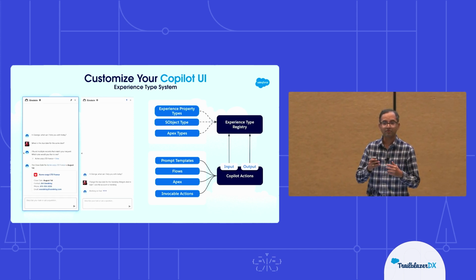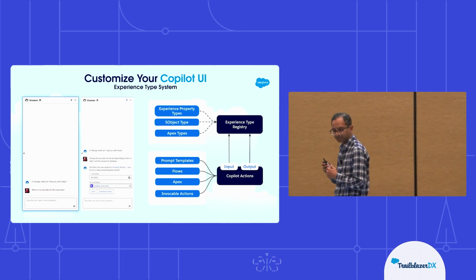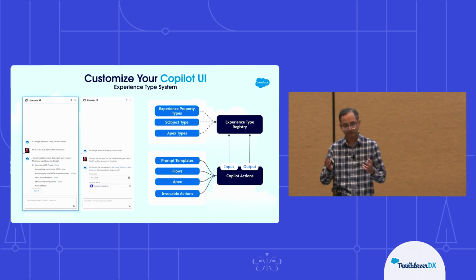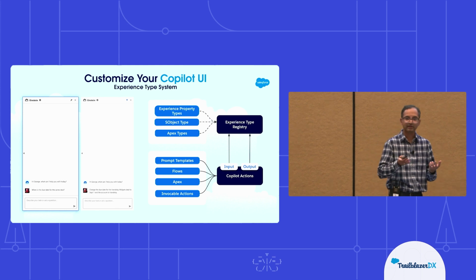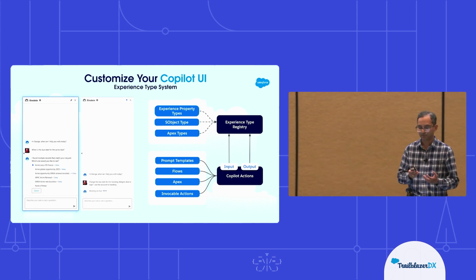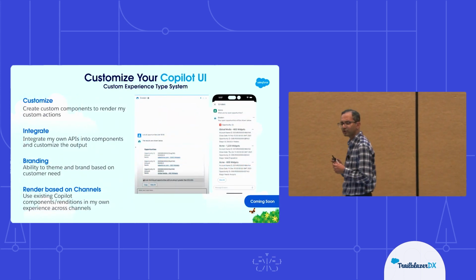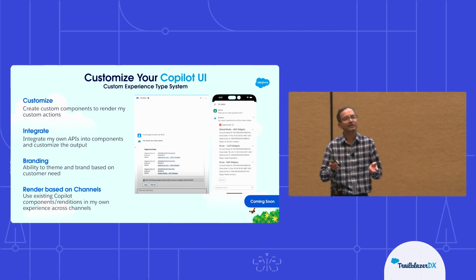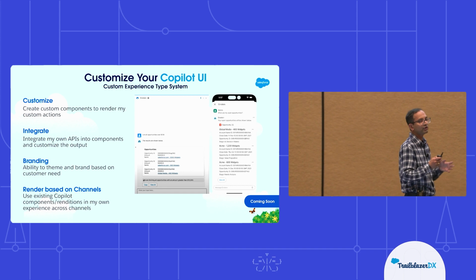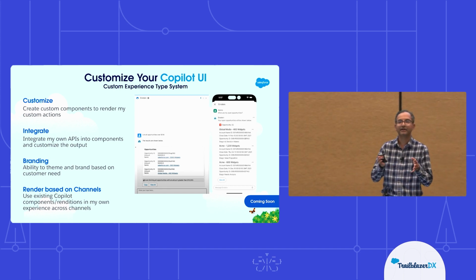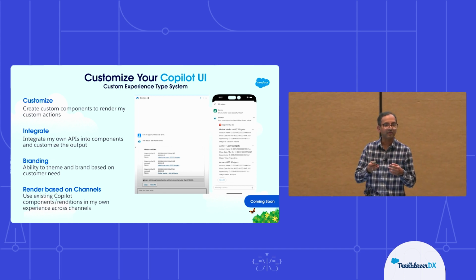Irrespective of what type of actions you bring in, we have our Copilot actions. There is a registry that we maintain, and for each of the registry, we have a type system associated. Now, why would you do that? You might want to customize your own UI. So in your Copilot, you want to have your own UI, which is not a standard UI that Salesforce provides out of the box.